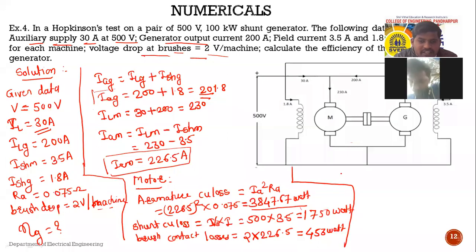Now we will calculate the generator copper loss. In generator copper loss, first of all calculate the armature copper loss of generator.